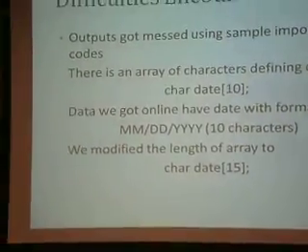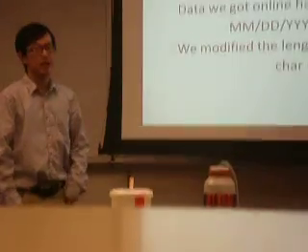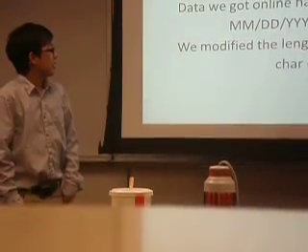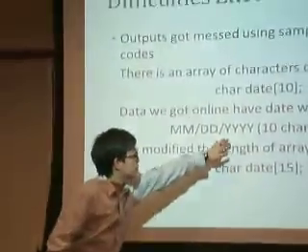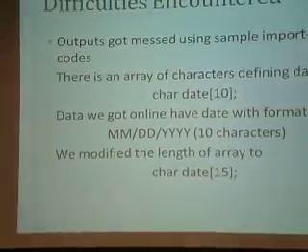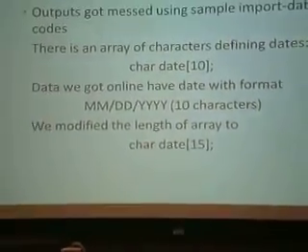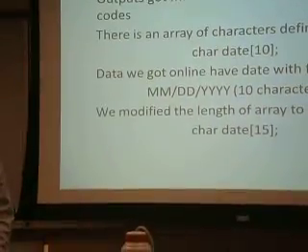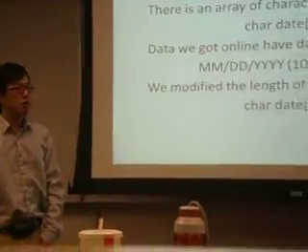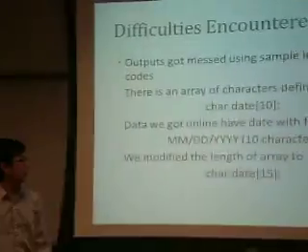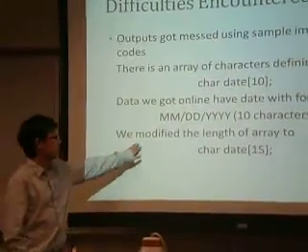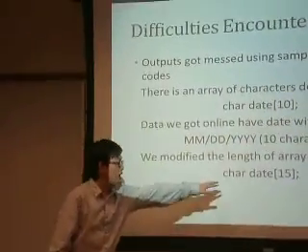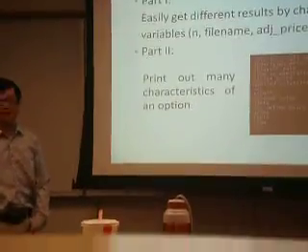But since our data came from online, it's formatted with month, date, and four-digit year. It has 10 characters, plus the end marker, so we have to have 11 slots in the array. So we modified the length of the array to 15. So that works.